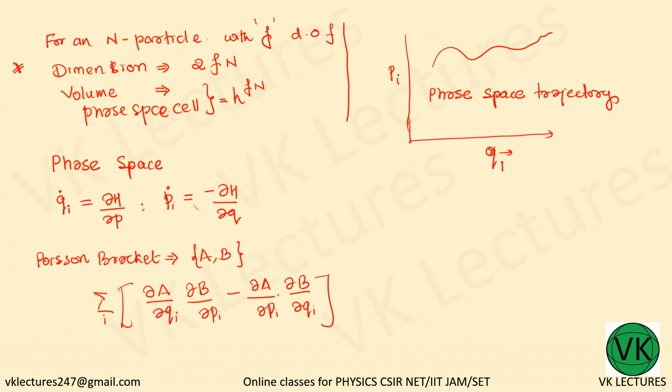So this is the Poisson bracket for any operators a and b.